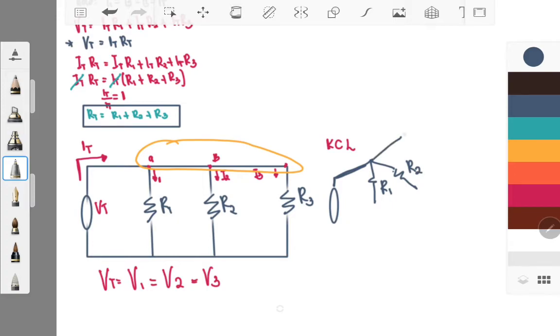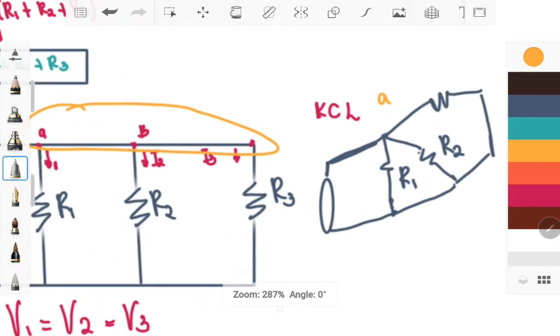Papunta siya sa R3. Okay, para hindi kayo malito. Baka mamaya sabi niyo, sir, ang dami namang node yan. Actually, pag parallel yan, itong node na to can be rewritten into a single node A. Diyan pumapasok at lumalabas nung current natin.